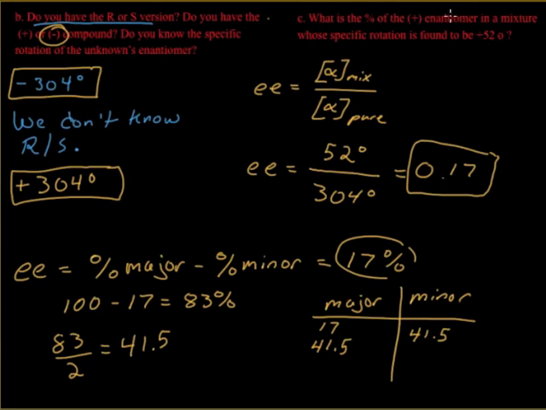So how much of the plus enantiomer do I have? Well, remember that was the major one since we got a reading of plus 52. So it's going to be 17% plus 41.5% equals 58.5%. So I'm adding this up, plus equals 58.5%. And that's my answer.